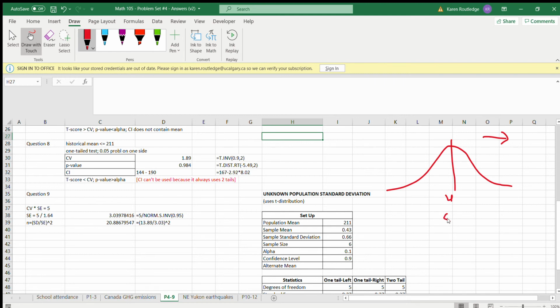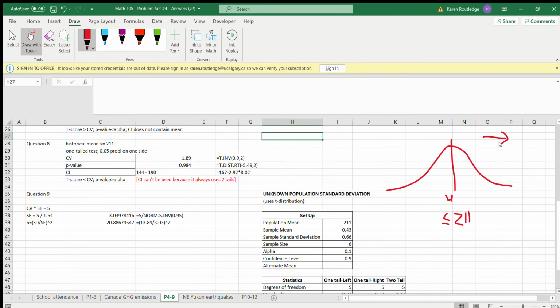So my null hypothesis will be less than or equal to my mu of 211. And the thing I care about, the thing that will be interesting, the thing that gets me published, the thing that I will reject the null hypothesis for, is going this way. That is the way to think about it. There's the side you care about, the side that gets you published.